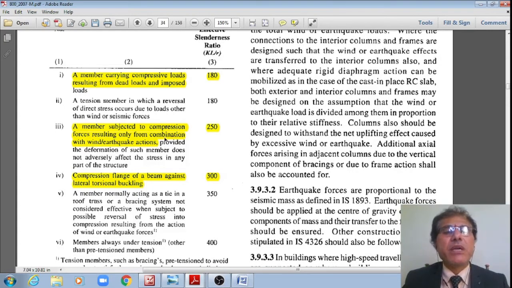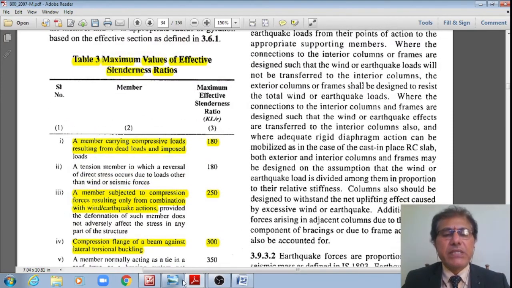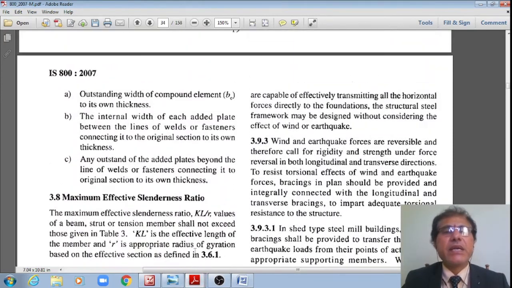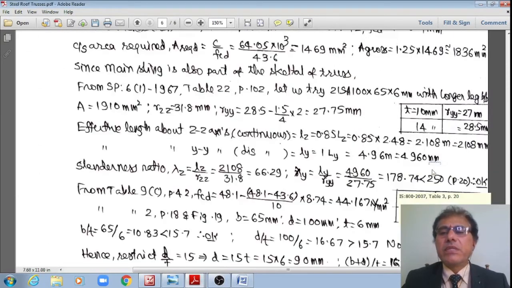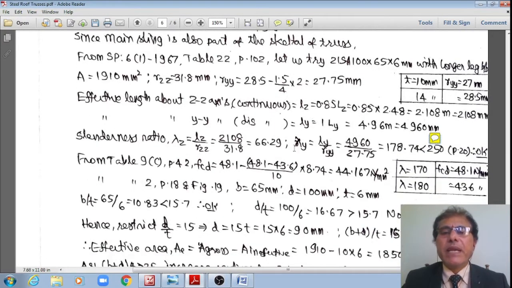Therefore, for a member subjected to compression forces resulting from combination of wind and earthquake, serial number 3, the maximum slenderness ratio is equal to 250. I have just noted this down from table 3 of IS 800:2007. Therefore, this slenderness ratio, what I now got about the minor axis is 178.7, which is less than 250. Therefore, it is okay.